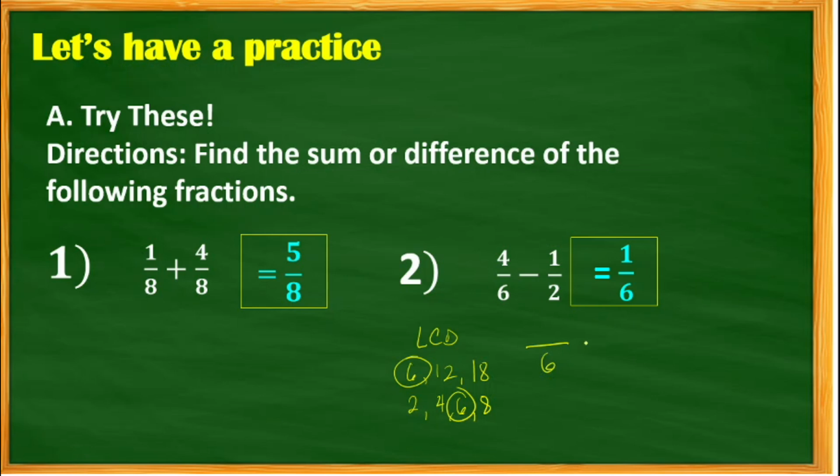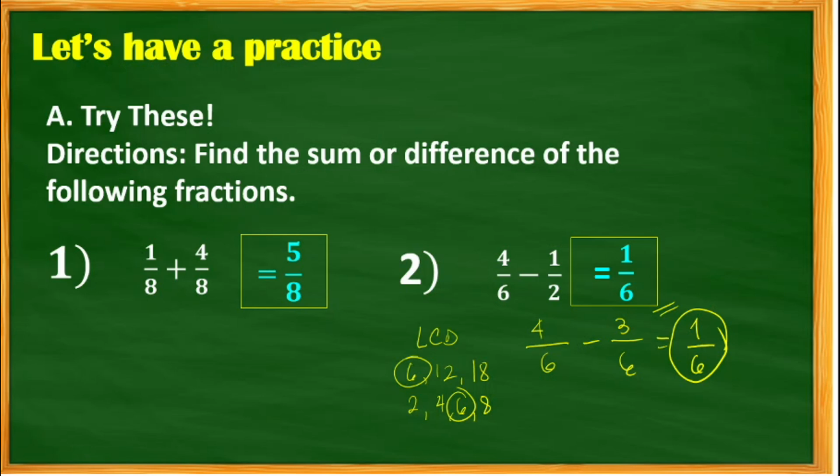So the common denominator is 6. And 6 divided by 6 is 1, multiplied by 4, the answer is 4. 6 divided by 2, the answer is 3. And then multiplied by 1, the answer is 3. Then 4 minus 3, the answer is 1. And copy the denominator 6. So the correct answer is 1/6.